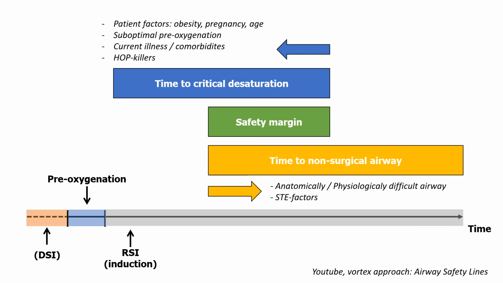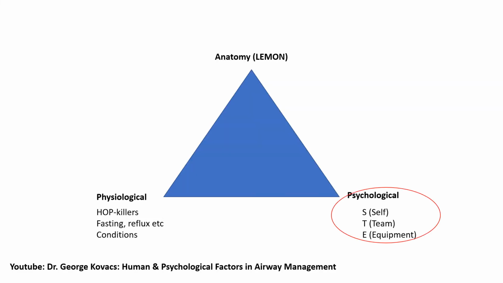Yeah, some of the factors that might prevent us would be anatomical factors or STE factors, which I will come to now. Because here in the psychological area, we have the psychological difficult airway, and the psychological difficult airway is based on this STE concept, which is Cliff Reed's brainchild.